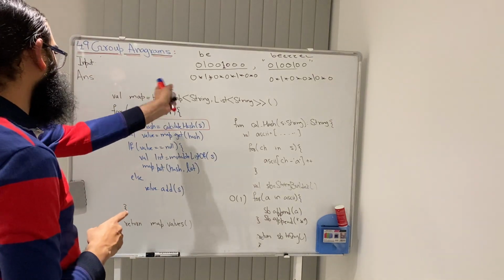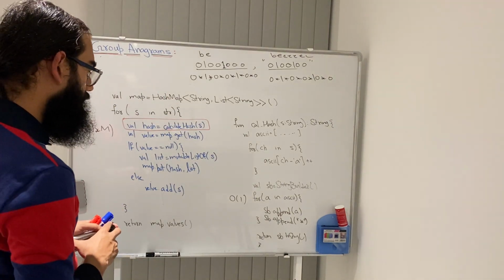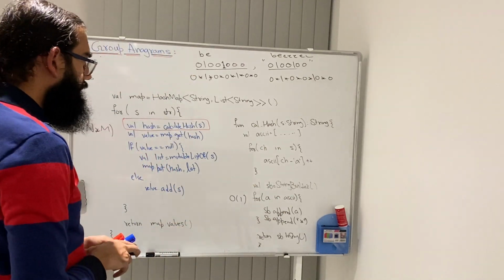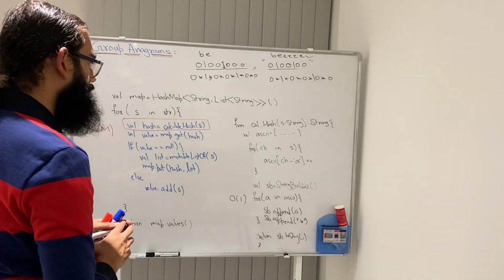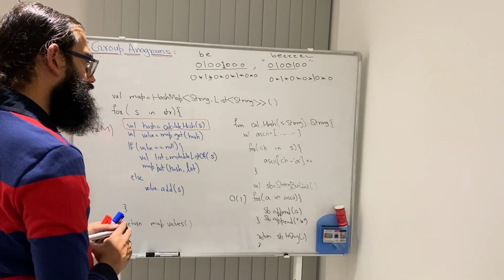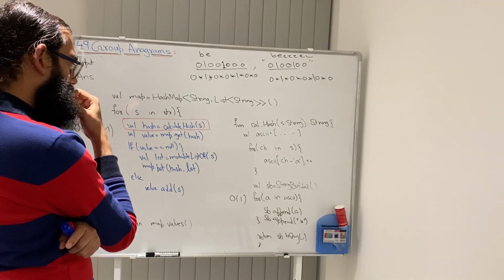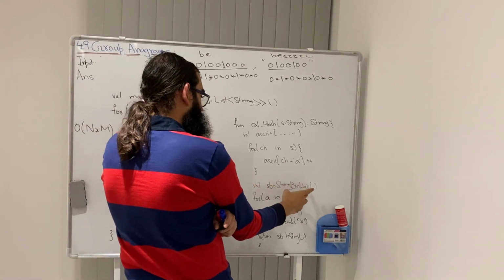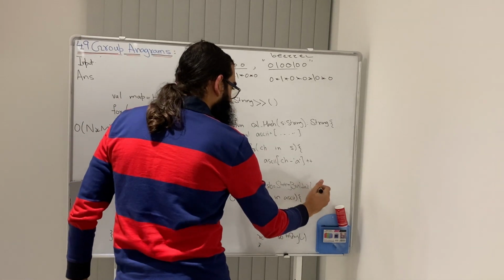This map is again big O of n, I think. Then this string builder we are also creating, and that also can go. So n into, every time we have this, its length is always the same. So it's big O of 1.